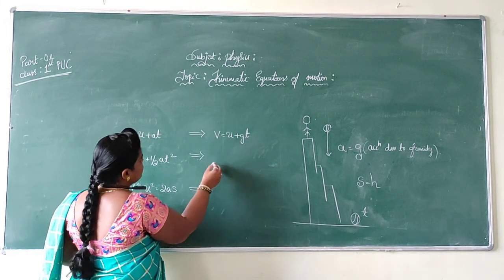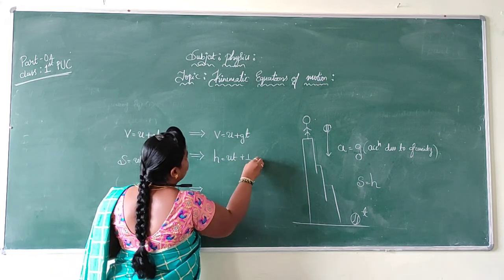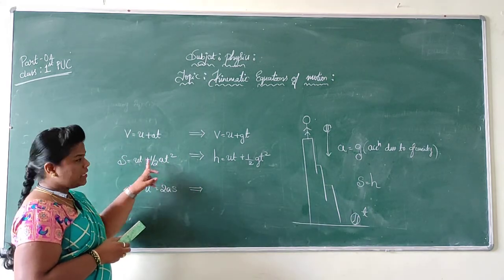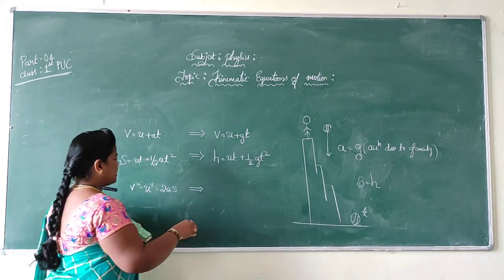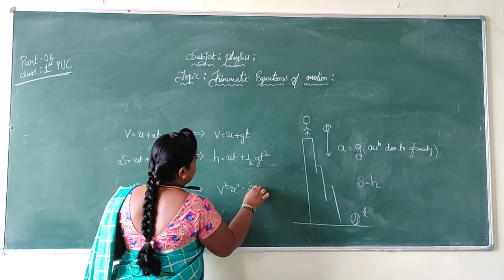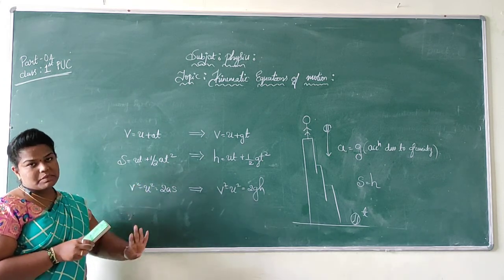The second one is h is equal to ut plus half of gt square. Observe carefully, I am replacing a by g and s by h, and the last one is v square minus u square is equal to 2gh, because a becomes g and s becomes h.